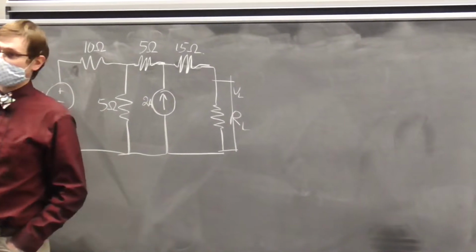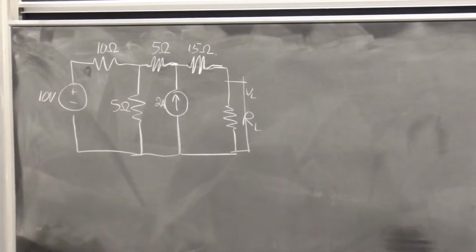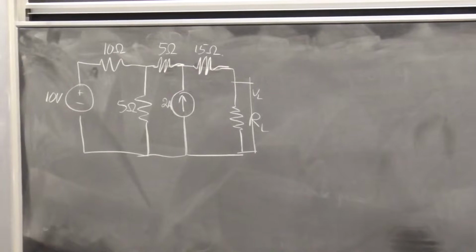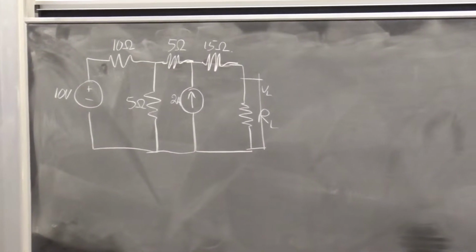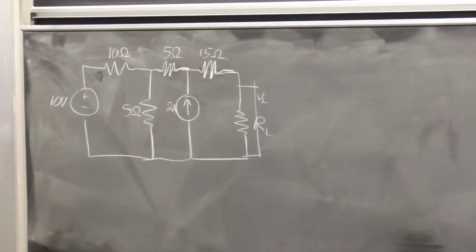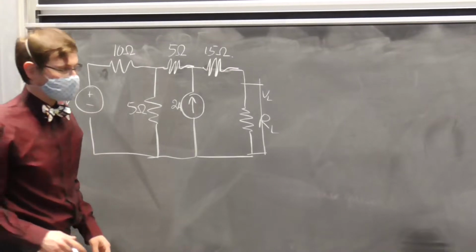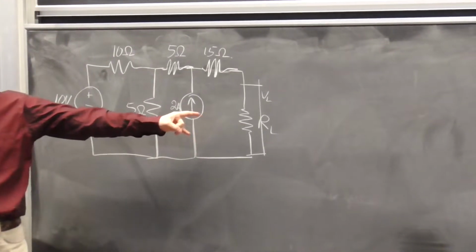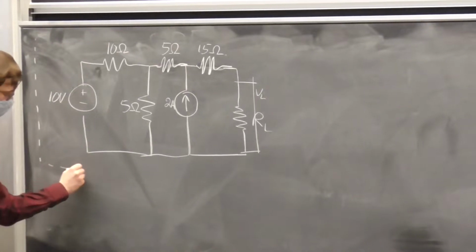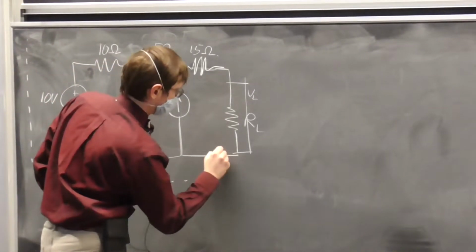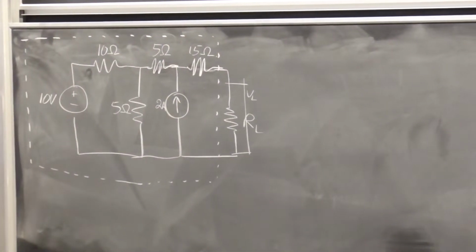The first step in Thevenin analysis is to identify that part of the circuit that you consider to be inside the box and that part which you consider to be outside the box. In this case, I've already kind of hinted at the part of the circuit that we're going to consider outside the box. Basically, we're going to draw the box like so.